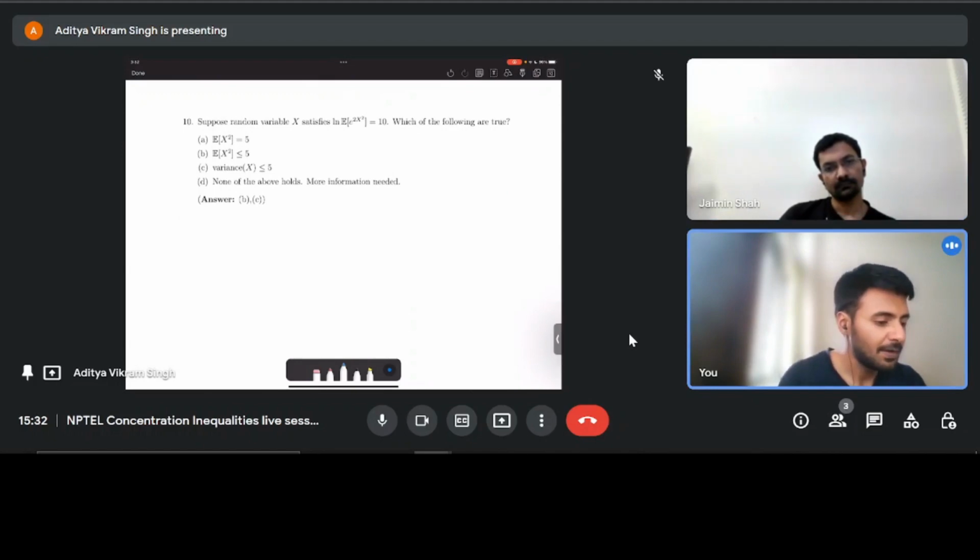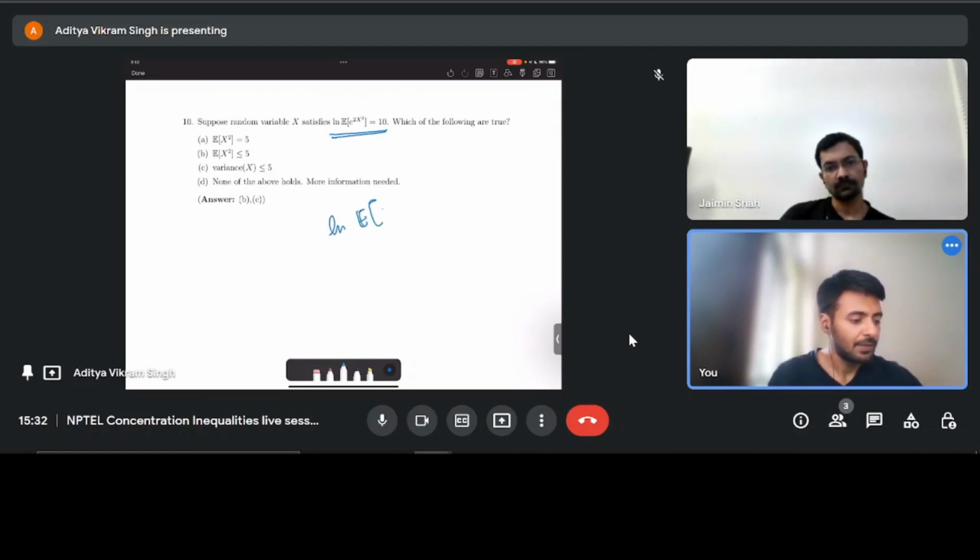And finally we have this: suppose a random variable satisfies this condition. It's basically the log moment generating function of x square, for lambda equals 2. We know that this is 10. Then the question is, can we claim anything about variance or the second moment? Here again we use Jensen's inequality: log of the expectation of e power 2x square. Log is concave, so if log is outside, it will be bigger.